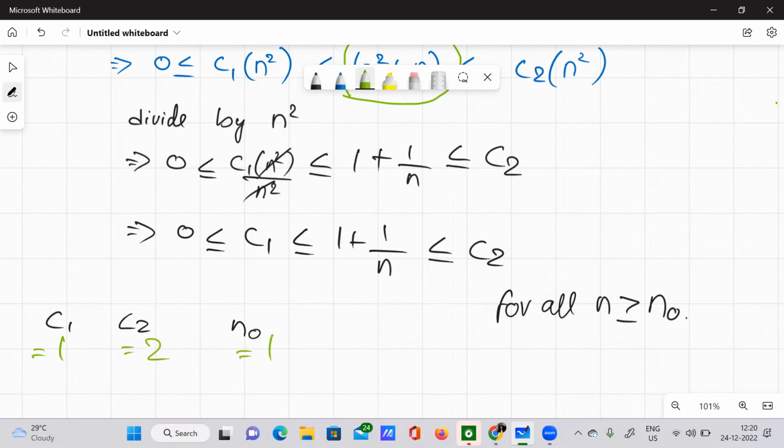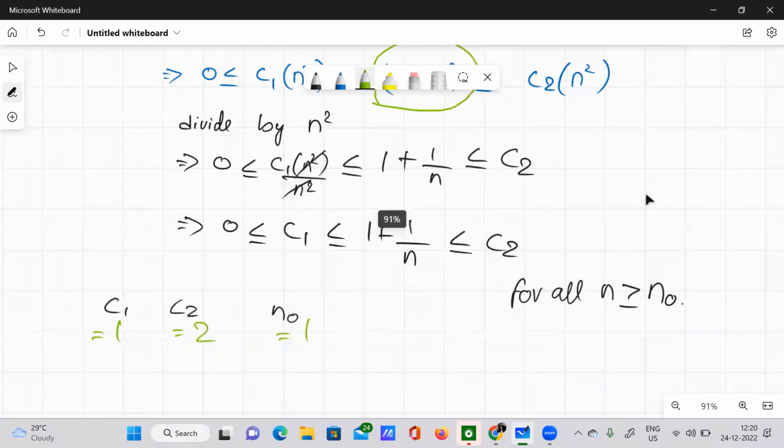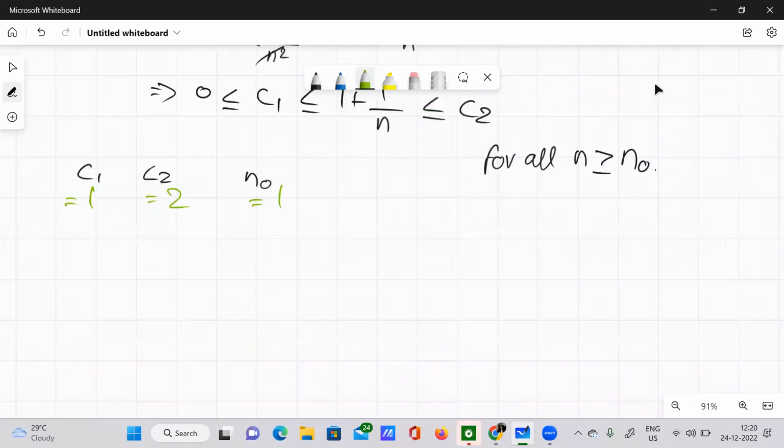And if I substitute all these values in my equation, then what happens? Just substitute 1 in the place of c1 here.